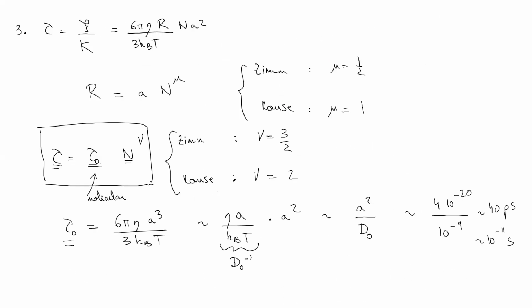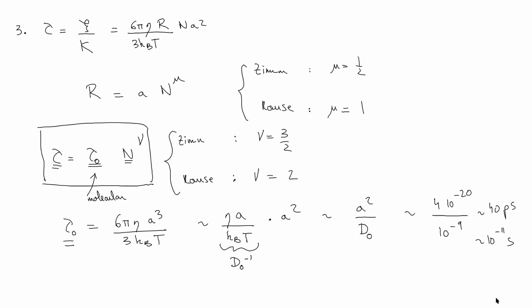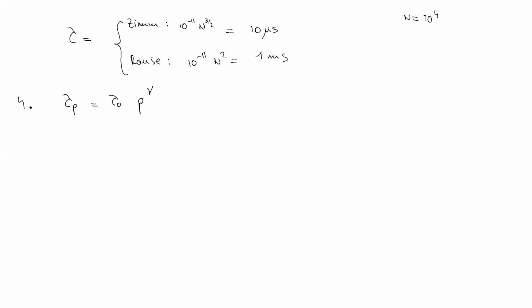By the self-similar properties of your random walk, you can define the relaxation time tau p of a portion of chain containing p monomers. And this is again with nu being defined here, either 3/2 or 2, depending on the Zimm or Rouse description. The important part is that now you can put any p you want.